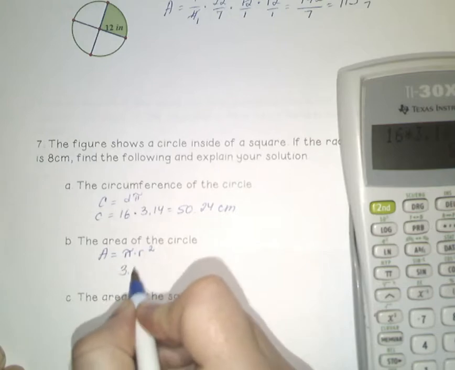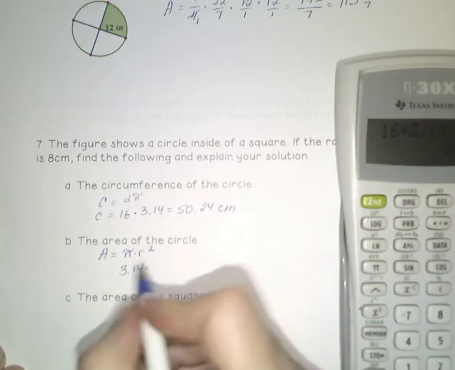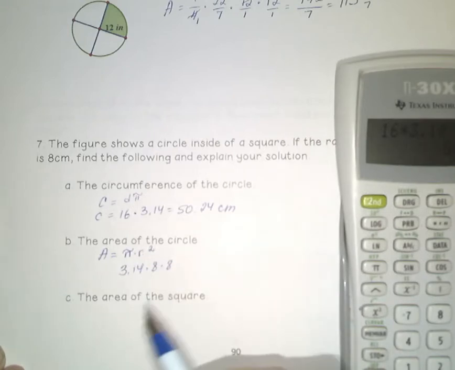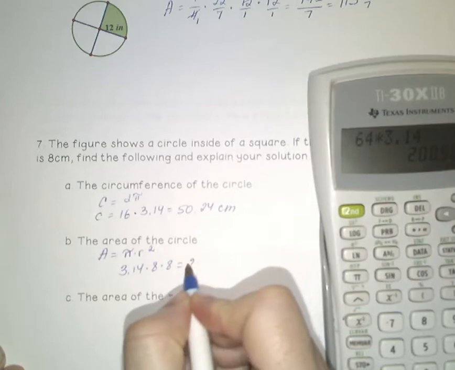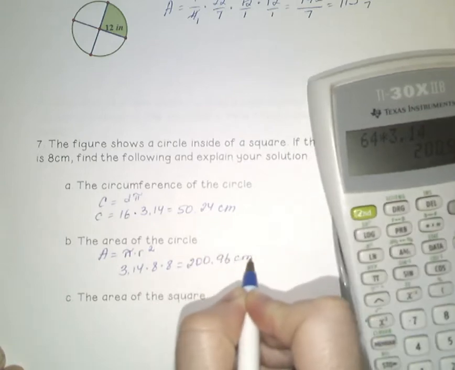So 3 and 14/100ths, I'm multiplying by 8 and by 8 again, since I'm using radius squared. So on the calculator, I'm going to multiply 64, which is 8 times 8, times 3 and 14/100ths, and that is 200 and 96 hundredths centimeters squared.